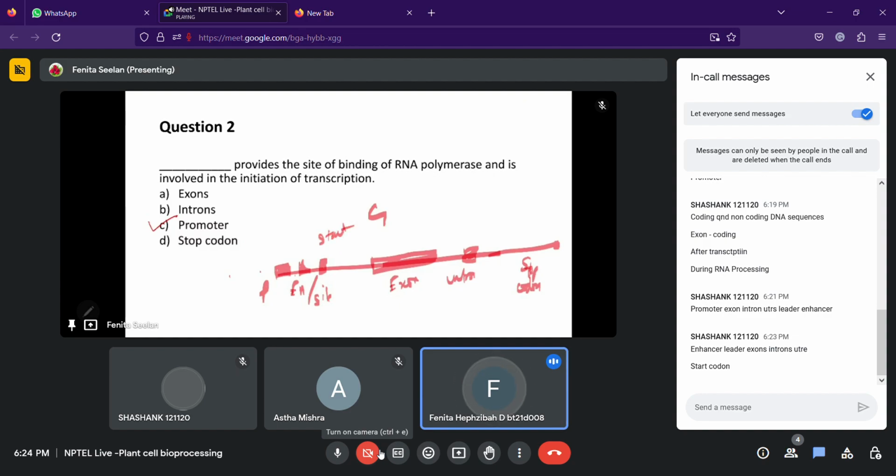After your start codon, what will happen then? You can keep your leader sequence. Then comes your exons, then introns, and then the stop codon comes. And there will be some untranslated regions, which we call UTRs.